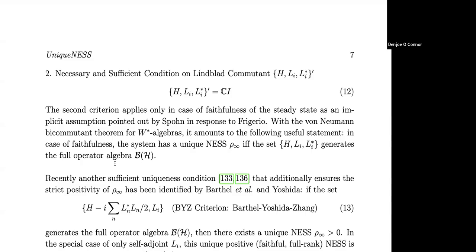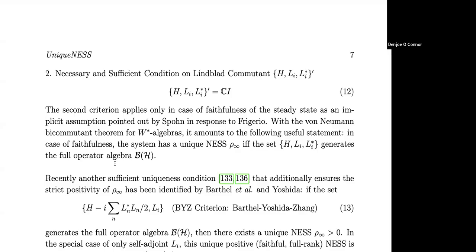And if that is equal to the original algebra, then you have a W star algebra, also called a von Neumann algebra. And so you can restate this and say, well, if you have a positive definite state, then it is unique. The system has a unique non-equilibrium steady state if this set here generates the full operator algebra.